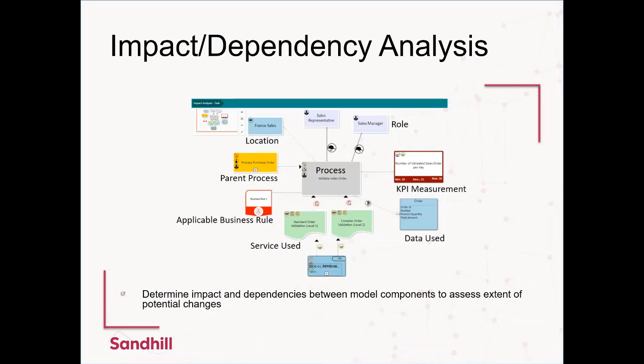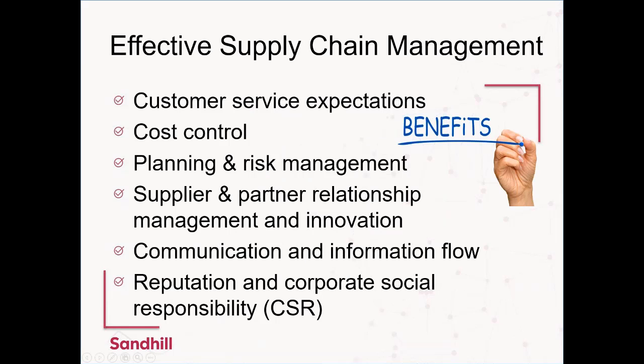It's only by having the various aspects that we are in a position to perform these types of impact analyses and dependency analyses. So, why do we want to do this? The idea is that once we've got a good understanding of the supply chain, we can perform the impact analyses.